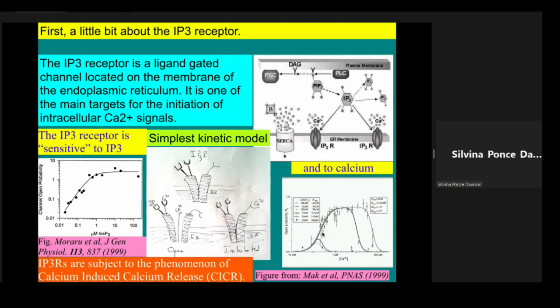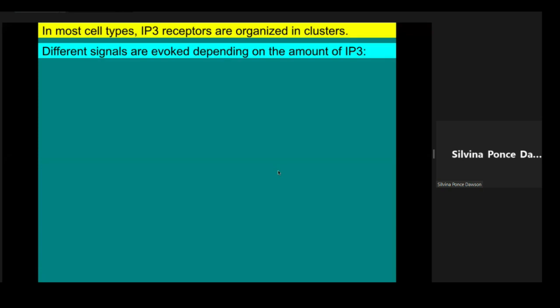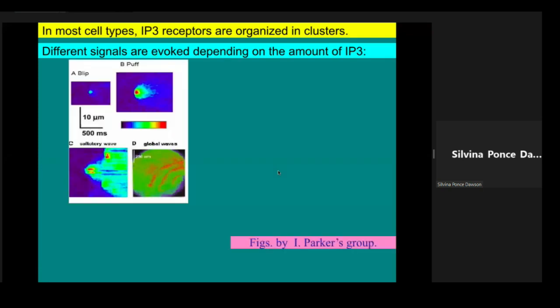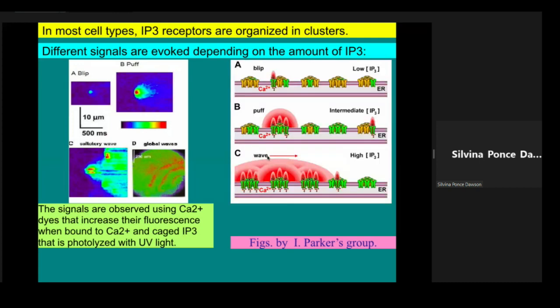But this ability of cytoplasmic calcium to induce the opening of the channel when the concentration is not too high gives rise to calcium-induced calcium release, as in the ryanodine receptor. In many cell types, these channels are organized in clusters, and this non-homogeneous distribution of the receptors, together with CICR, gives rise to a variety of signals.